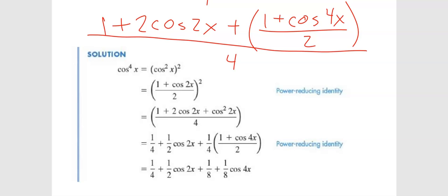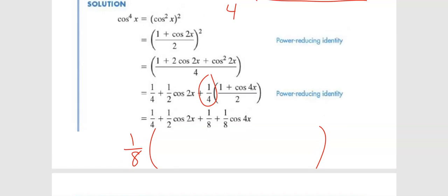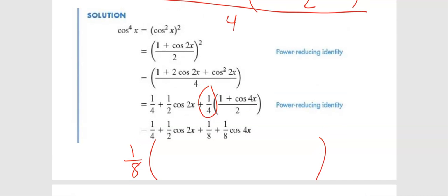It's like they pulled out a 1/4 there. In fact, the final answer they list has a 1/8 out in front.